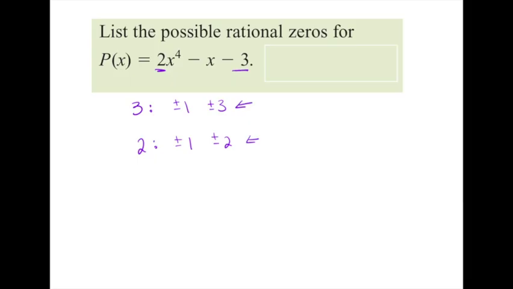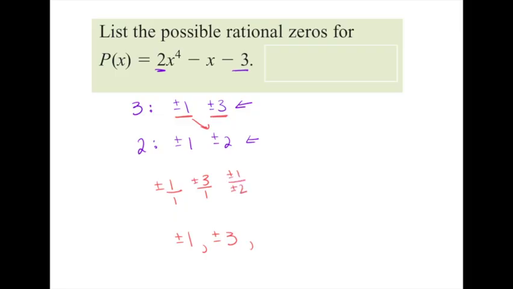All right. So I'm going to start with my 1. It can be positive and negative 1 over 1, which just reduces to positive and negative 1, right? It could be positive and negative 3 over 1, which just reduces to positive or negative 3. That's possible. Then I could be positive and negative 1 over positive or negative 2.